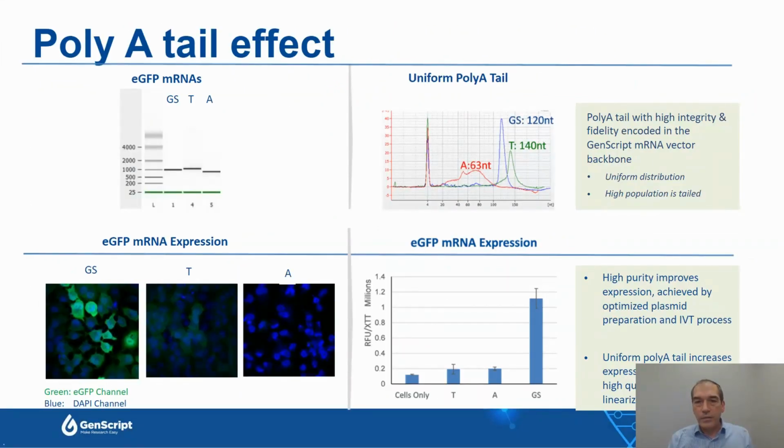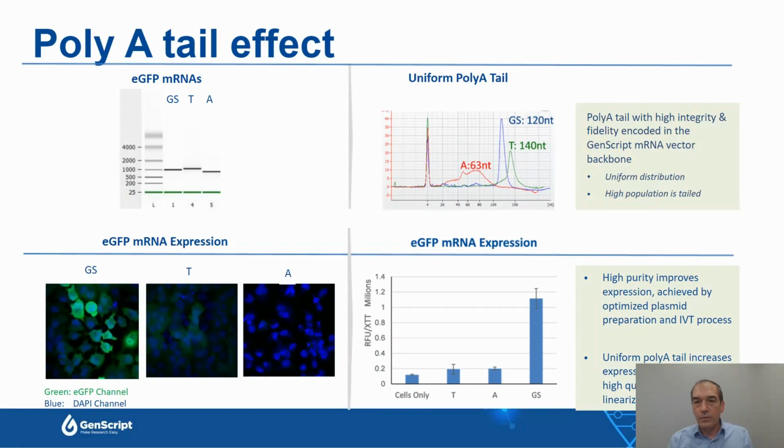For poly-A tailing, of course, as I mentioned, we can guarantee and customize it according to your needs. We can produce very consistent and homogeneous poly-A tail. In this example, we produced mRNA with 120 nucleotides poly-A tail, and we compared with some of the competitors what they produced.